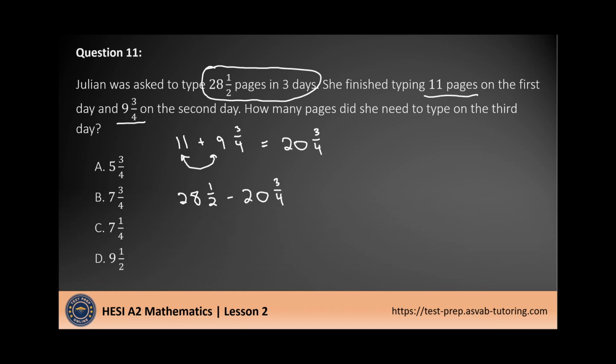We need to turn those into improper fractions. Then we're also going to need to get a common denominator. 28 times 2 is 56. 56 plus 1 will be 57 over 2 minus 20 times 4 will be 80. 80 plus 3 will be 83.